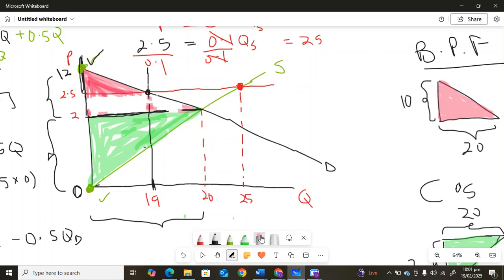Then the producer surplus becomes a trapezium now. Okay, colleagues, this is how it becomes now.